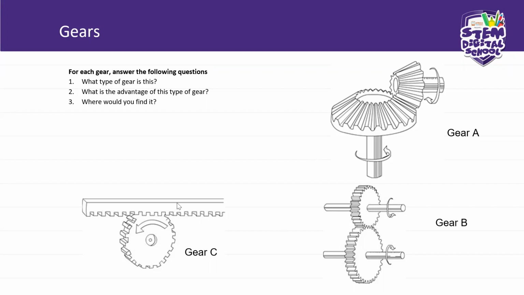This is called a rack. I'm giving you a clue. So what is the name of the gear? It's rack and pinion. Very good. So that is just a reminder of what you did in grade 7.